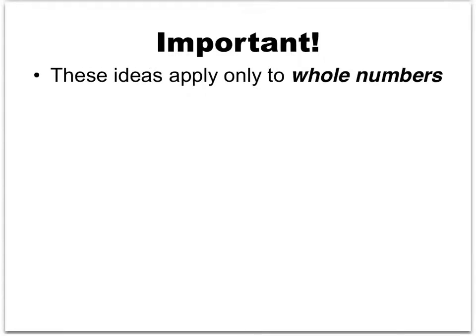Now one very important idea to remember about these definitions and about topics in number theory in general is that these ideas only apply to whole numbers. If we ever have to use a decimal or a fraction to make things work, then we haven't done things correctly. So let me give you an example of what I mean by this. Let's take this equation: 6 times 1/2 equals 3.